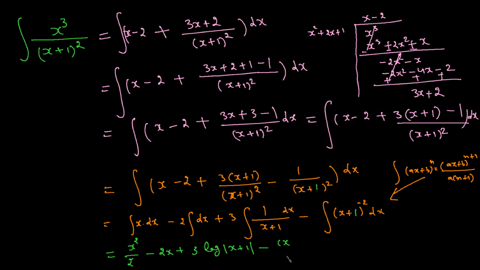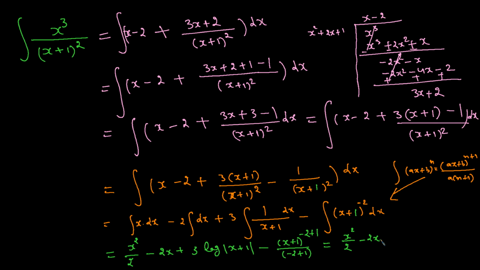Okay, all right, so the integration of ax plus b raised to power n is equal to ax plus b raised to n plus 1, so 1 over a is 1 over here, into n plus 1, which is negative 2 plus 1.